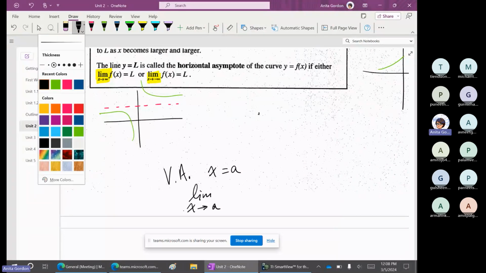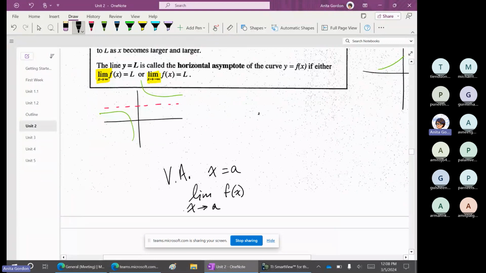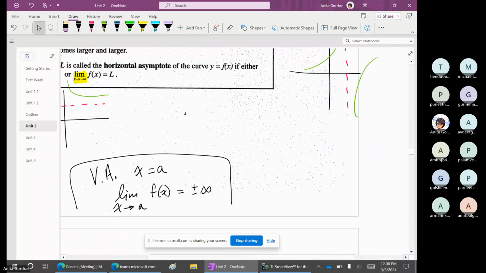As x approaches a of a function, if it goes off to positive or negative infinity, then we have a vertical asymptote because the function is going off into infinity.